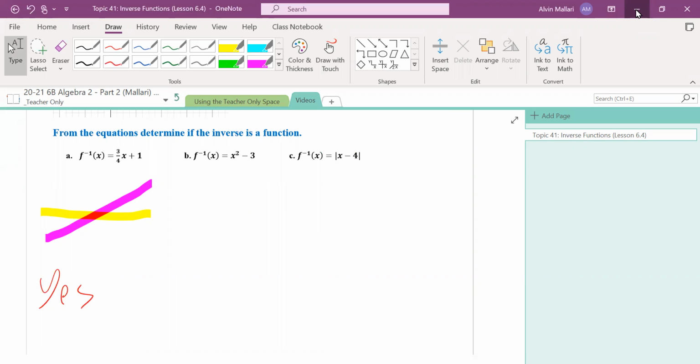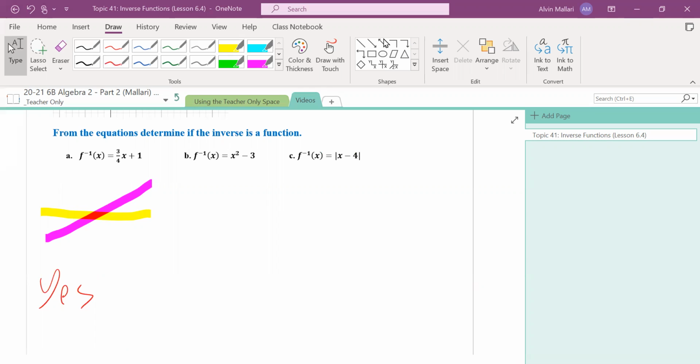So we will just simply use the y equals in here to be able to plot or graph. Let's start with the second one. So we have x squared minus 3, and then we hit graph in here.